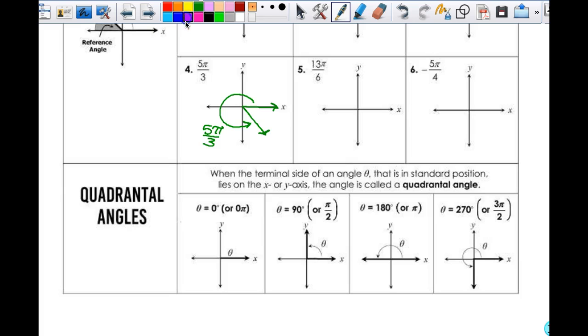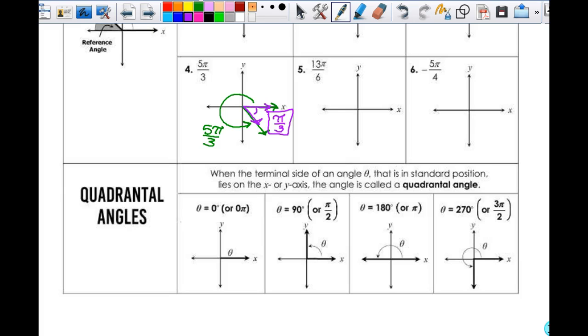The reference angle is created by the x-axis and the terminal side. I know radians are not super comfortable yet, but let's think about this. For thirds, to get here would be 5 pi thirds. How much do I have to get? Pi thirds. So my reference angle is pi thirds. Okay, does that make sense to you?